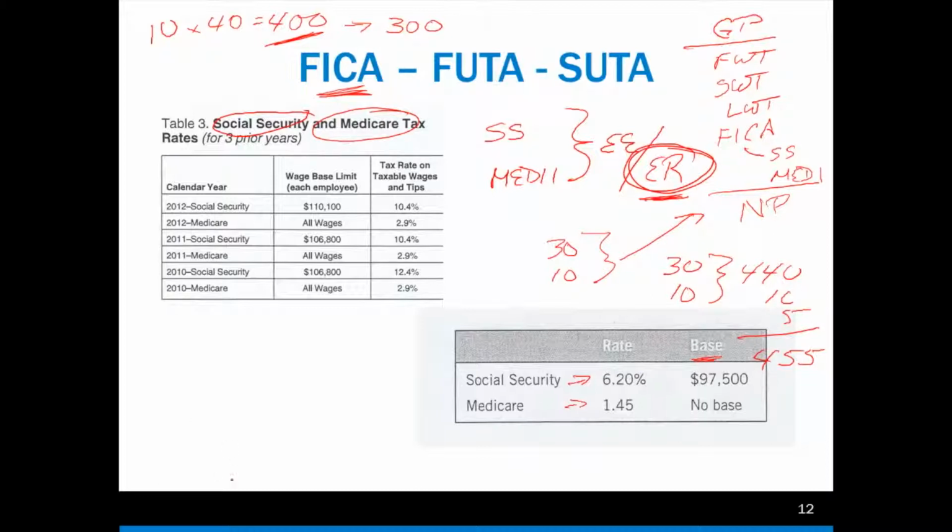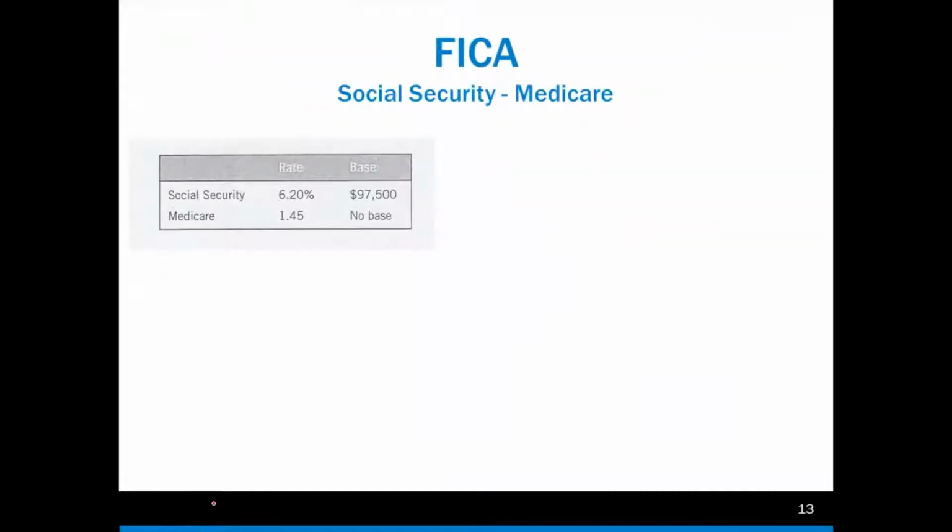Now, let's talk about how to calculate the FICA for Social Security and Medicare. I had talked about this here. This base, I actually like to call it a limit, not a base, and the reason why you'll see in just a second. With Medicare, there is no limit. There is no base, no limit.